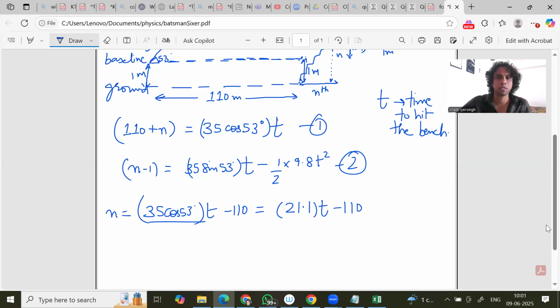I substitute this into the second equation. So I'm going to get 21.1 times t minus 110 minus 1, basically n minus 1 here, equals 35 sine 53. Now, what is 35 sine 53? 35 sine 53, you would see, is very close to about 28. 28t minus 4.9 t squared.